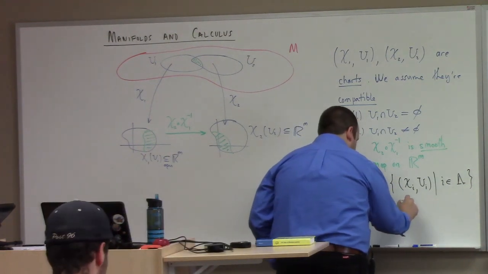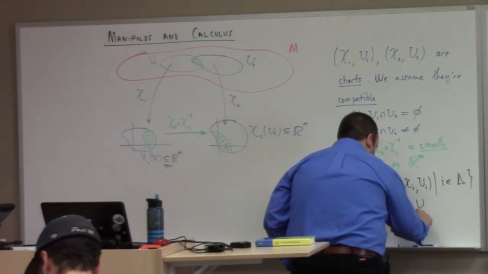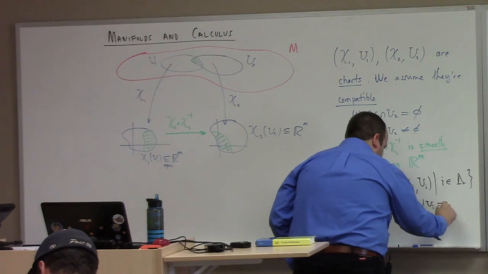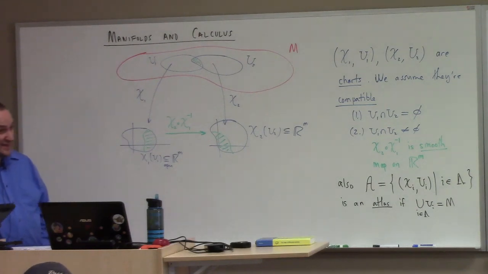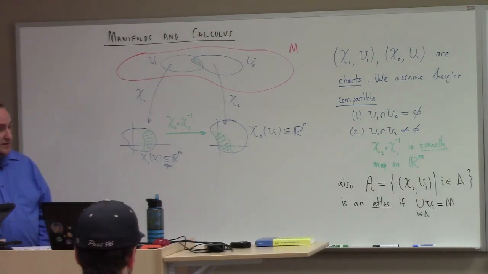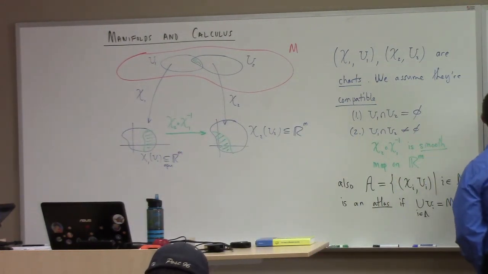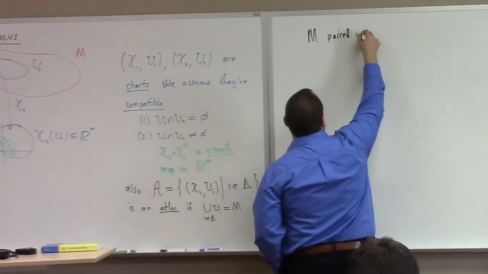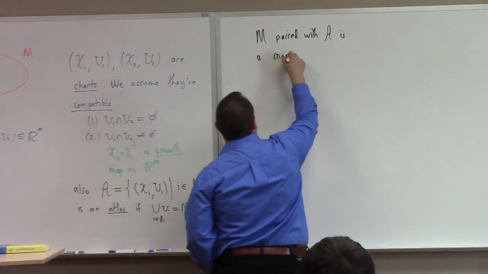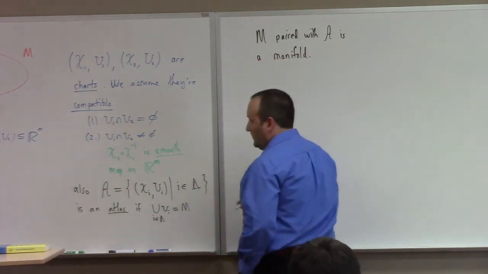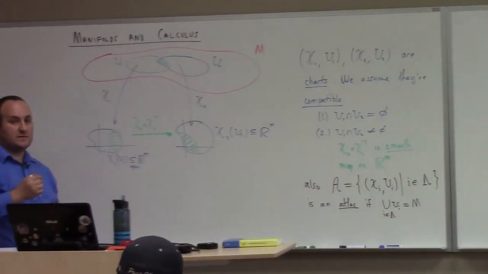It's an atlas means the union over i in Lambda of U_i is equal to M, all right? And all of the charts in this atlas are compatible. So M paired with A is a manifold. So a manifold is a point set that also comes with a set of compatible charts which cover the whole set.